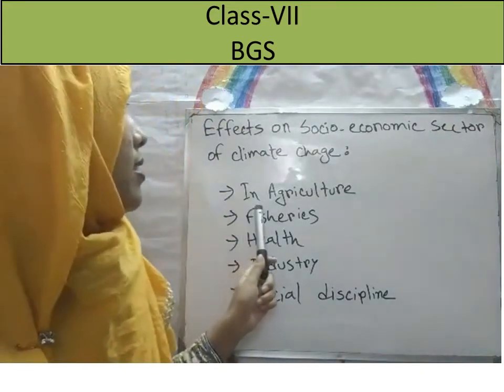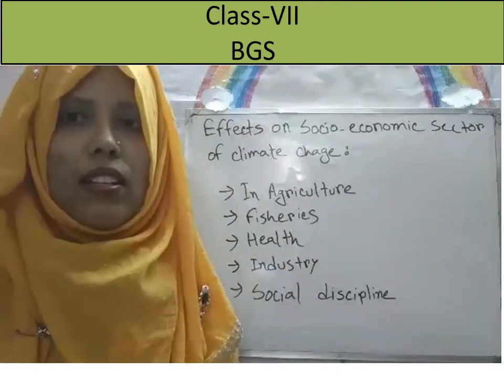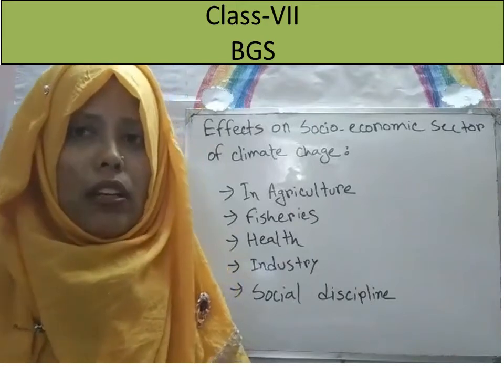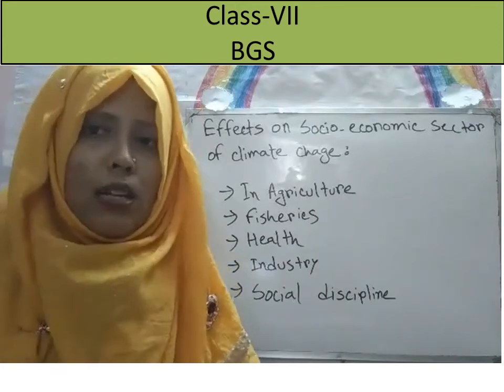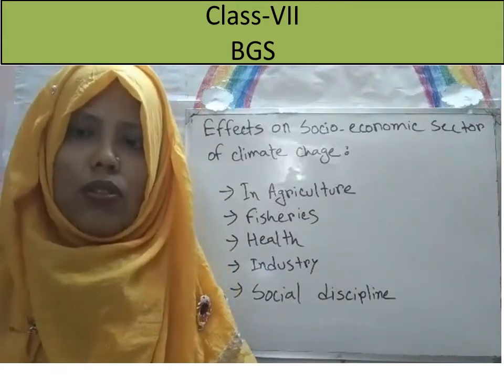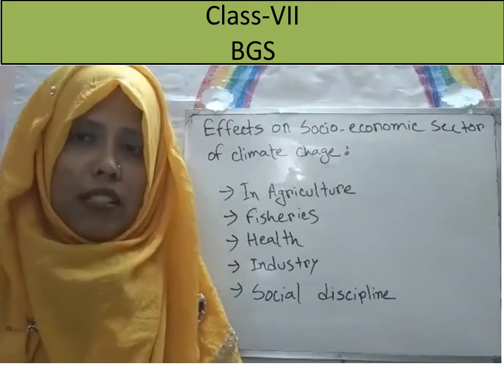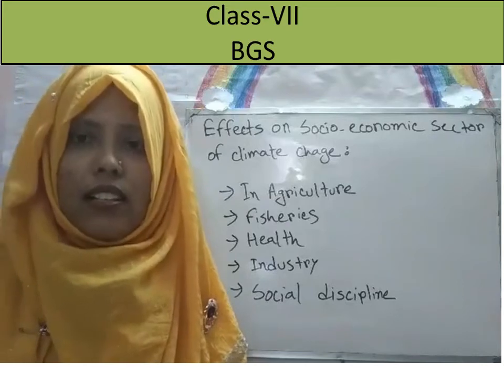At first we will discuss agriculture. Agriculture is a part of our society. Look, students, all types of disasters, like cyclone, tornado, any storm, flood, river erosion, affect our agriculture.